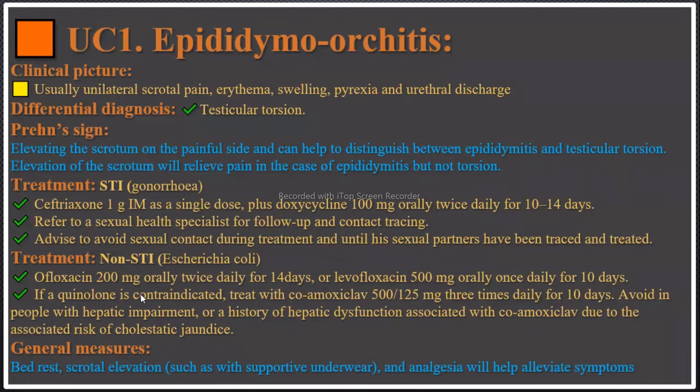If a quinolone is contraindicated, give co-amoxiclav 500/125 milligrams three times daily for 10 days. Avoid it in people with hepatic impairment or a history of hepatic dysfunction associated with co-amoxiclav, due to the risk of cholestatic jaundice.